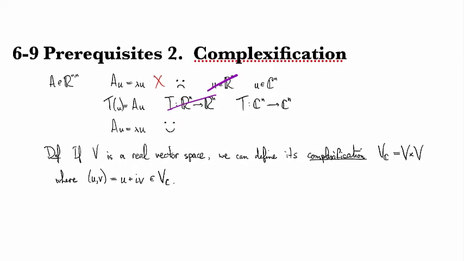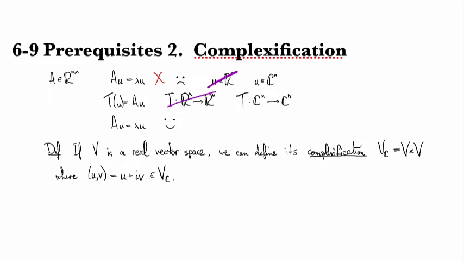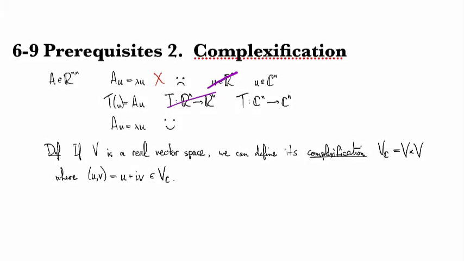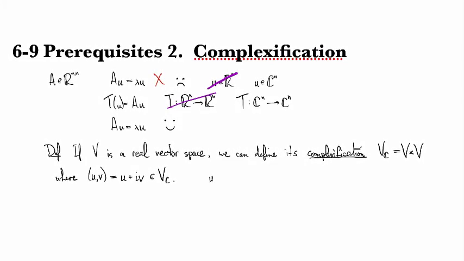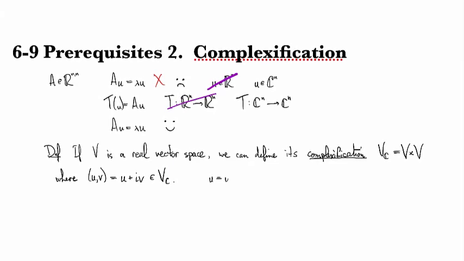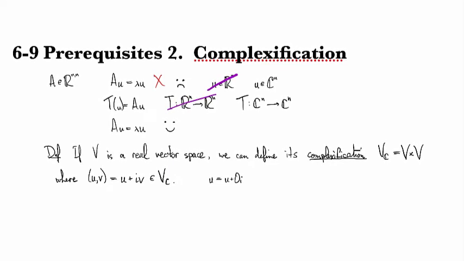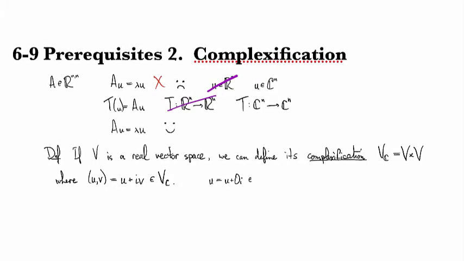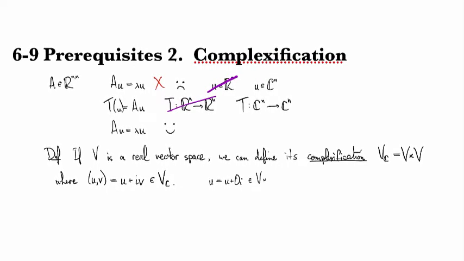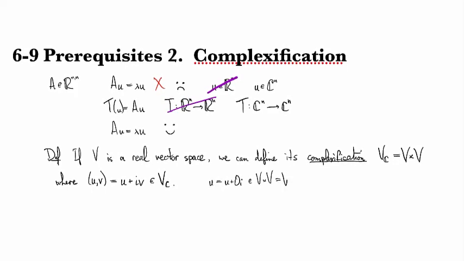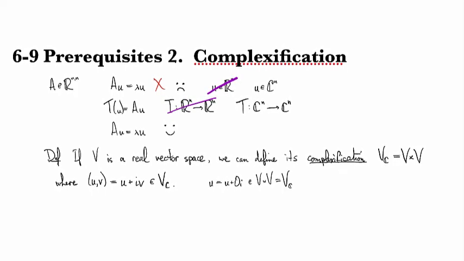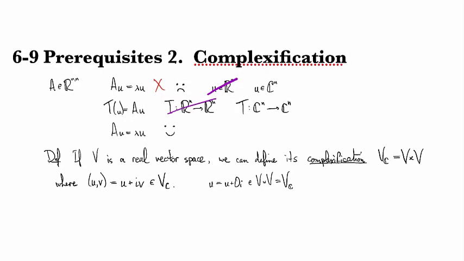And so the key point here is that you can have a vector u, which is equal to u + 0i, and this is considered now as being an element of V cross V, or as we now call it V_C, where the second coordinate is just equal to 0.